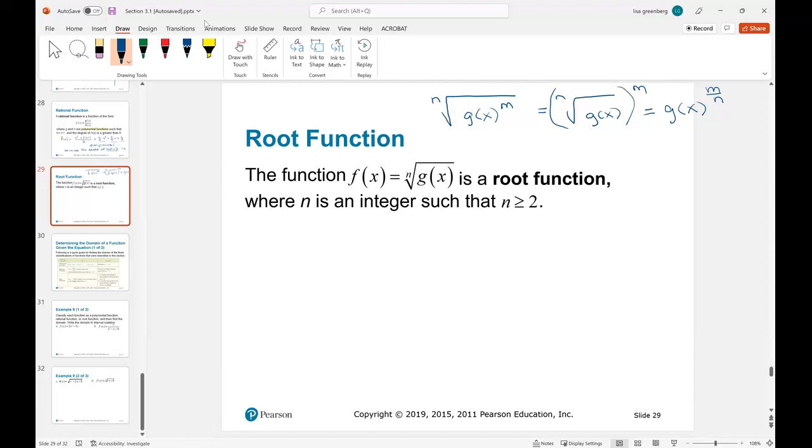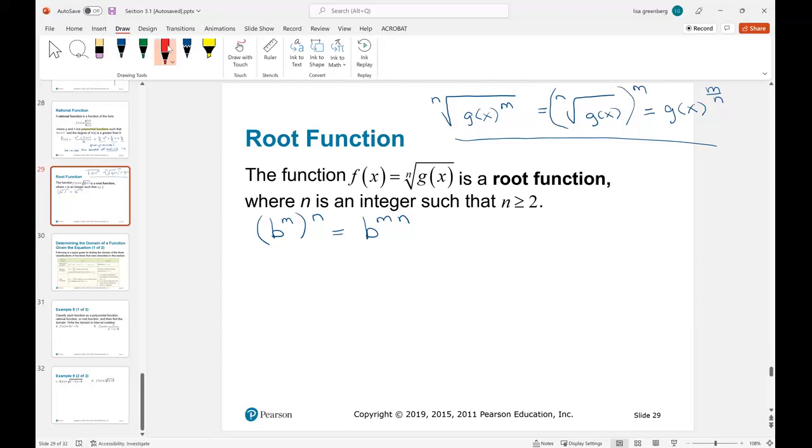Now, let me show you why this is true in case you don't understand. So we're going to use this rule that says if I take a base to a power to a power, then this is equal to b to the m times n. So when we have a base to a power, we multiply the powers.